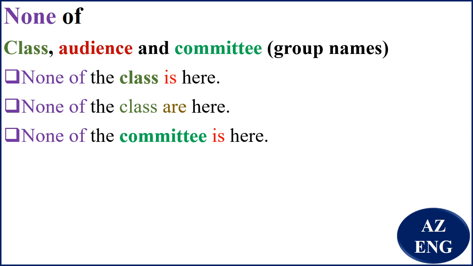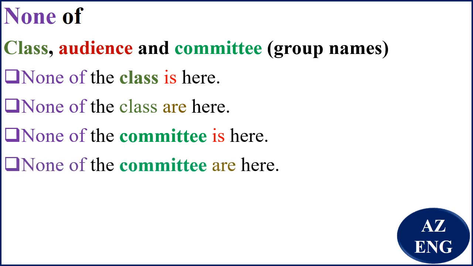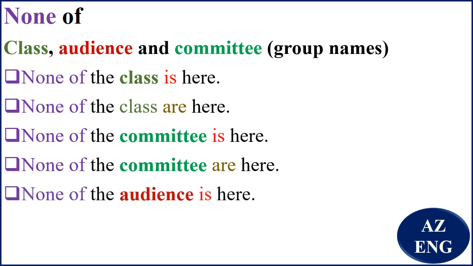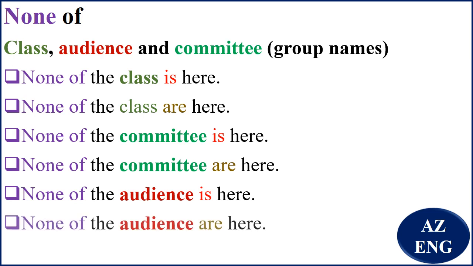It is correct. None of the committee are here. Correct too. You are talking about the people. None of the audience is here, or none of the audience are here. Both are correct. None of them is here. None of them are here. Correct.